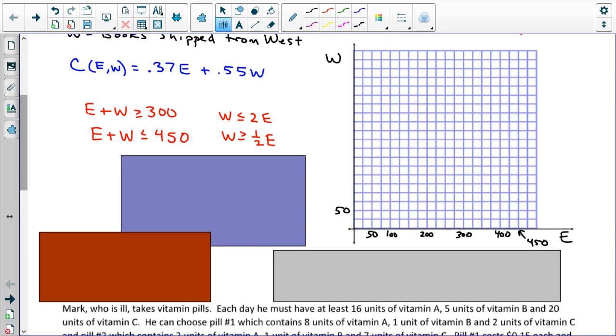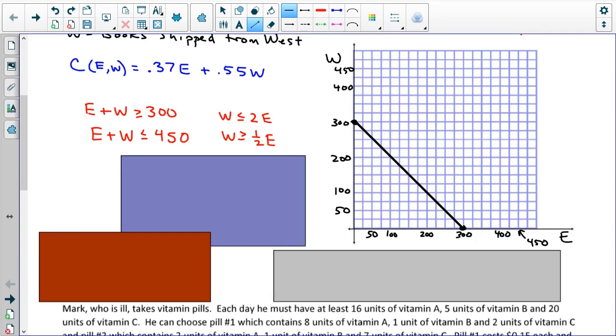So 50, 100, 200, 300, 400, and 450. So the two easy lines to draw are E plus W equals 300, it'd be an easy line to draw if I was good at drawing. So E plus W equals 300, and E plus W equals 450.